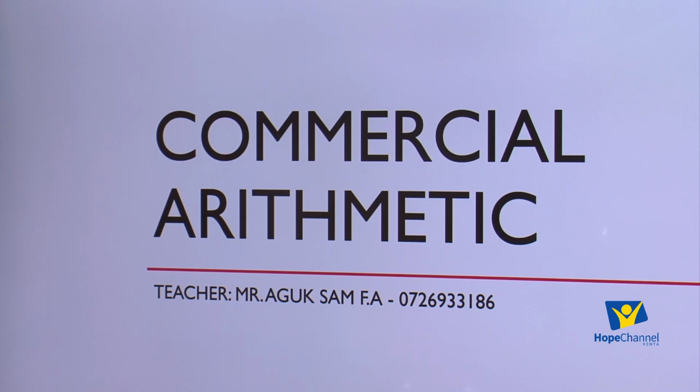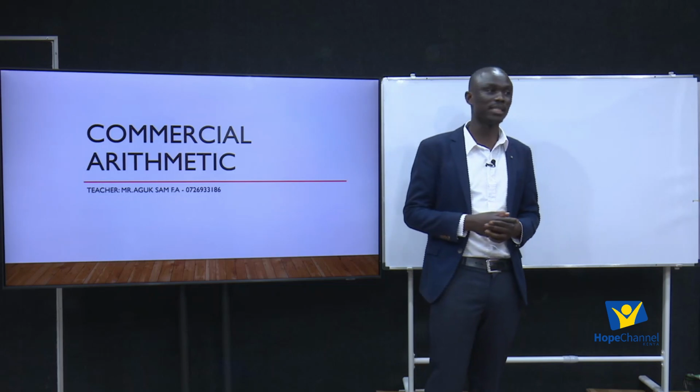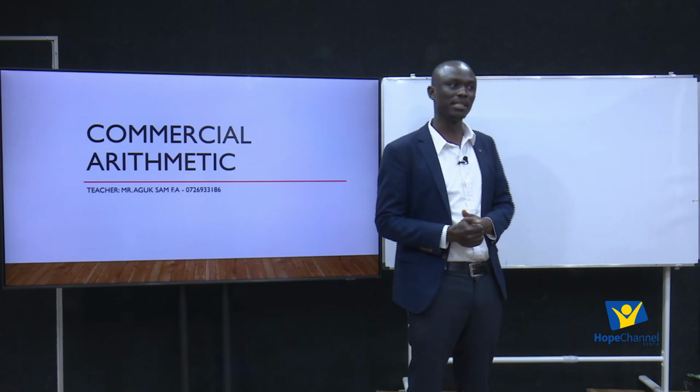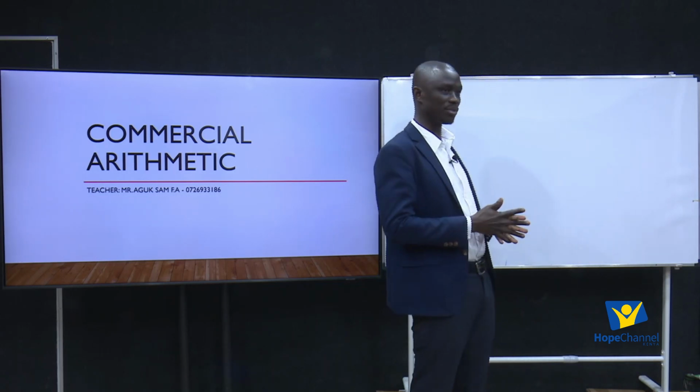As usual, today we are doing mathematics, and the topic for today is commercial arithmetic. This is your teacher, Mr. Aguk, and I will be taking us through this topic of commercial arithmetic. Commercial arithmetic is always divided into two segments.